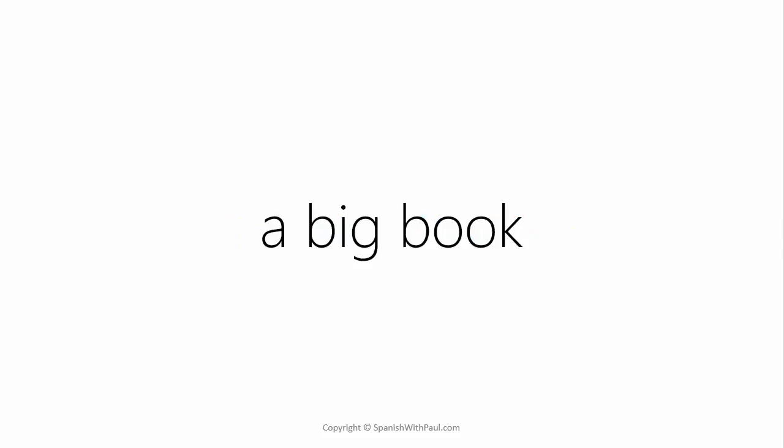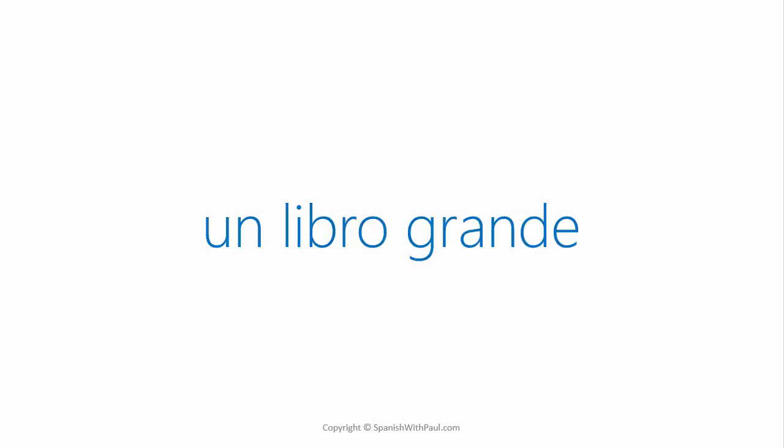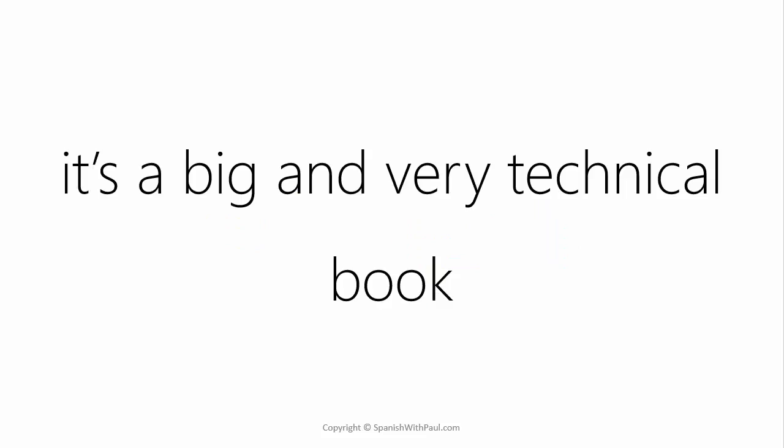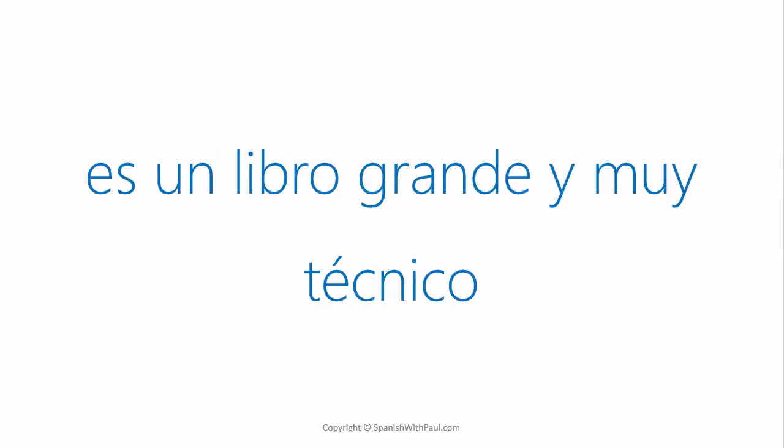Try again with this one. How would you say a big book? Un libro grande. How do you think you would say it's a big and very technical book? Es un libro grande y muy técnico.